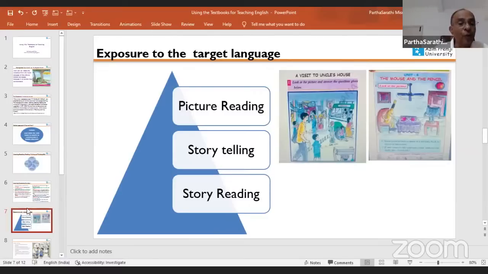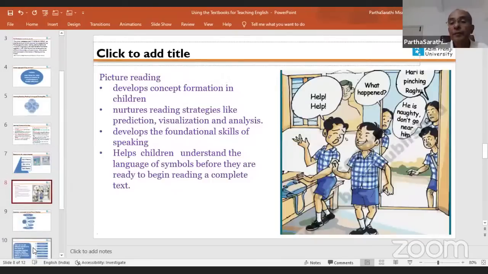Now, picture reading. What do you mean by picture reading? Now, this is the picture. This is from class 5 textbook. In this picture reading, how do we read pictures? If you have a picture, then this picture is a great starting point for discussion.